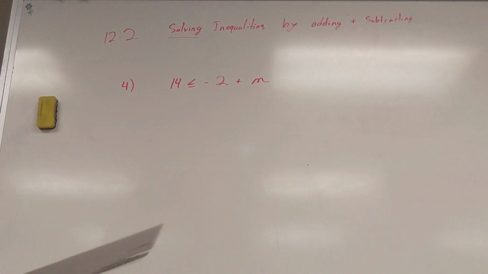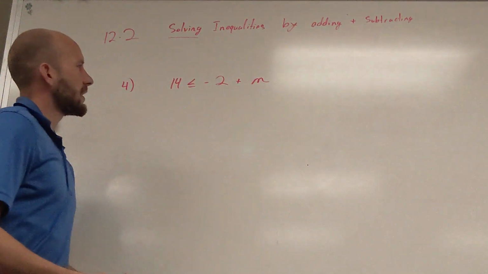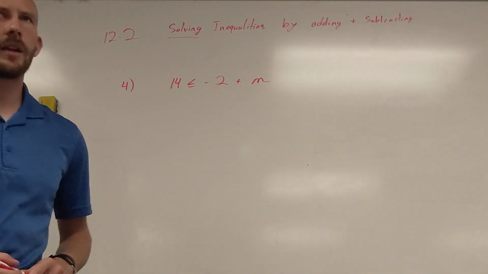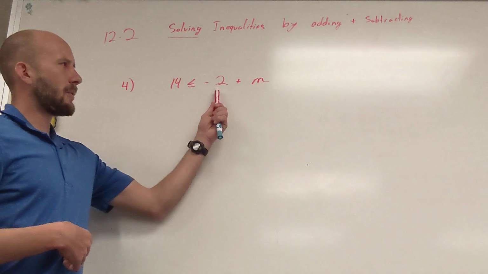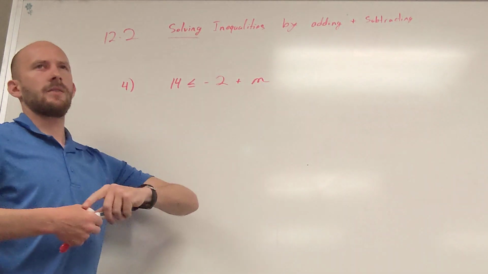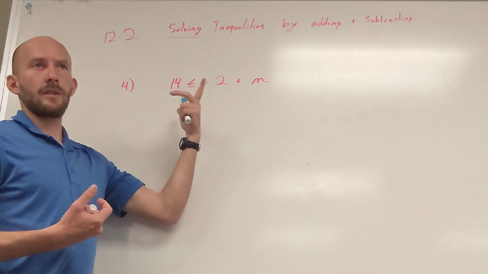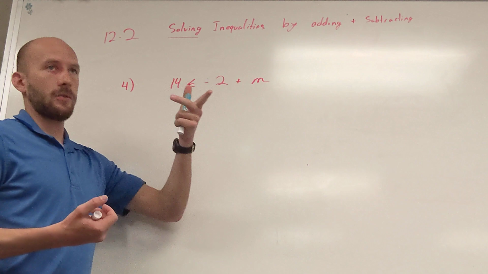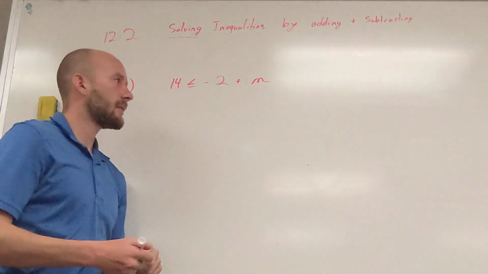Okay, this one tends to throw people off sometimes. m is less than or equal to negative 2 plus m. A lot of people get confused because there's a negative, but then there's also a plus sign. So what do I need to do? Well, I'm trying to cancel out the negative 2. To cancel out a negative, you need to add.